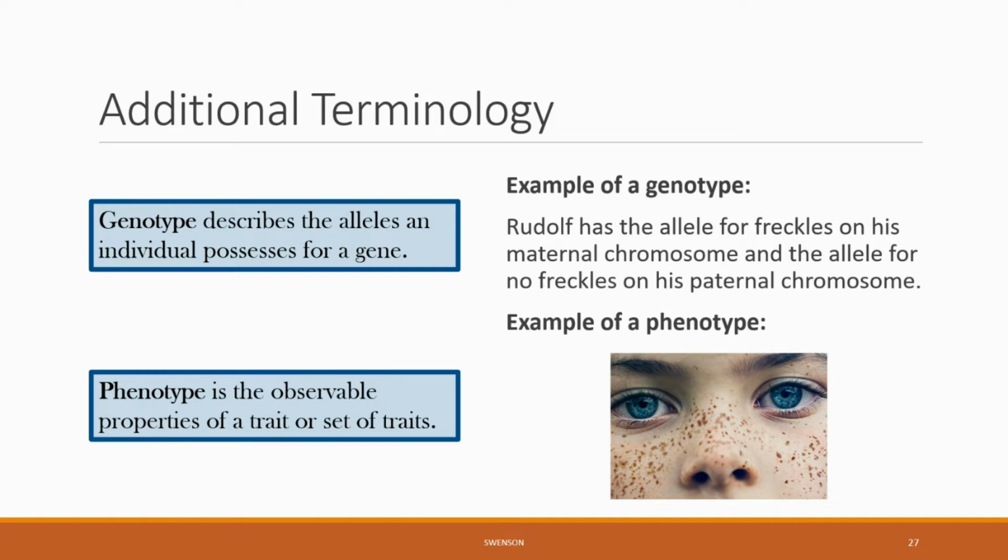Just because his phenotype is freckles doesn't tell us exactly what's going on with his alleles or his genotype. It could be possible that he has the allele for freckles on both chromosomes, or just the maternal or paternal chromosome. And this is one of the reasons why it's important to know the difference between phenotype and genotype.